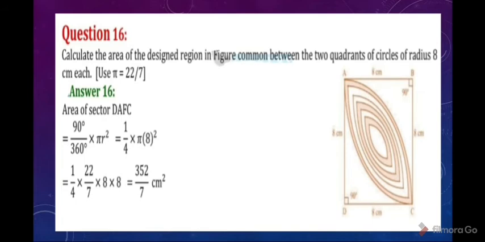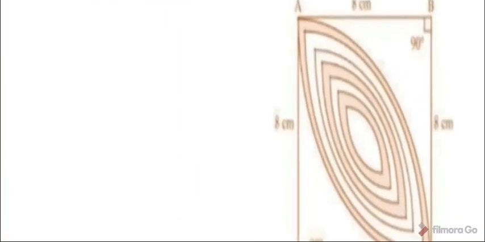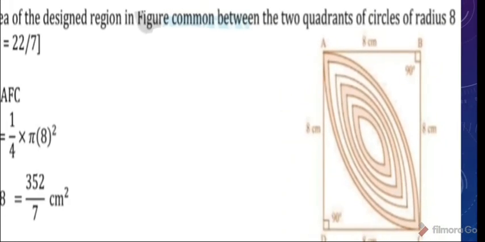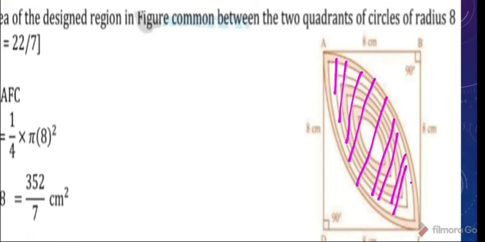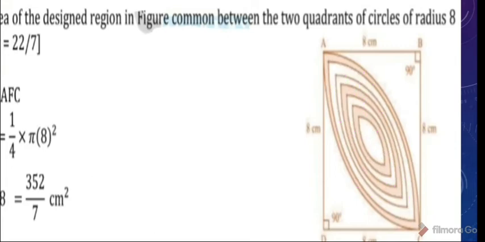Now question number 16, calculate the area of the designed region in figure common between the two quadrants of circle of radius 8 centimeter. Okay, so if you look at this figure, you have to find the area of this designed figure, this portion, where given that there are two quadrants.